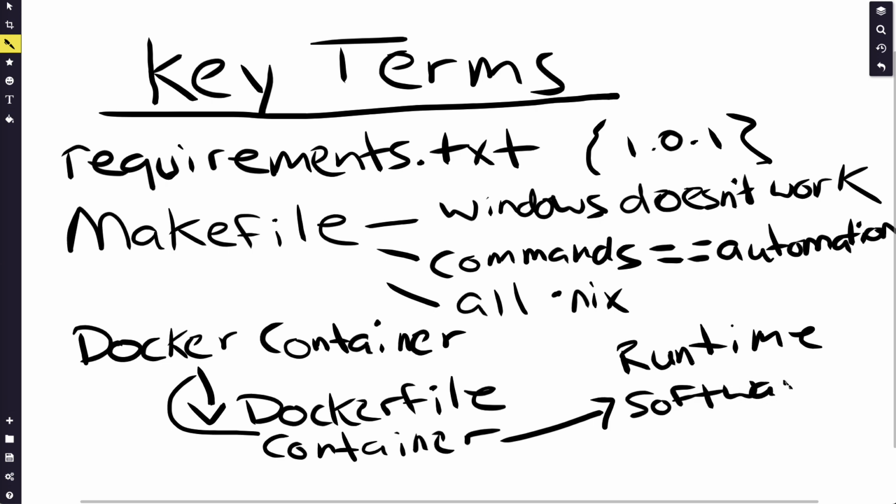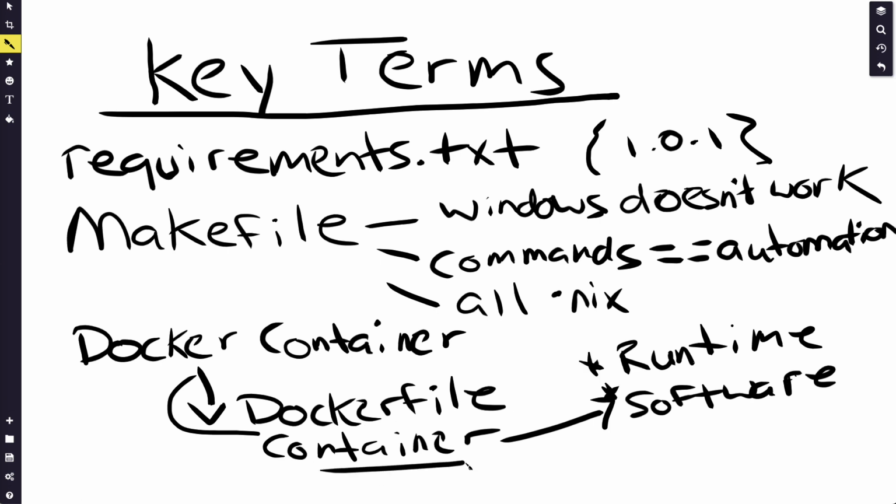What's nice about this is that in the case of a container, the runtime will have the libraries, the Linux operating system, the packages that are necessary for it, and also includes your software. So you're making things more reproducible.